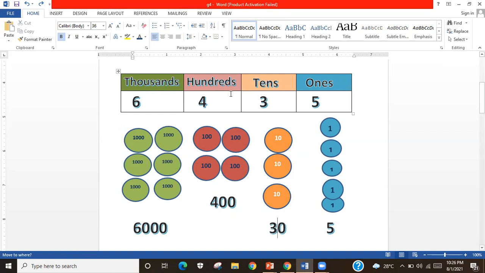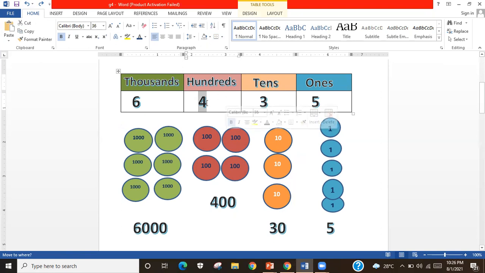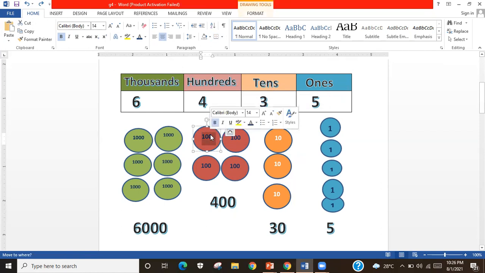That is hundreds. You have 4, which means you have 4 times hundreds. You can see the same color of circles in pink, and each circle shows a hundred itself. If you sum 4 circles, it equals 400: 100, 200, 300, and 400.